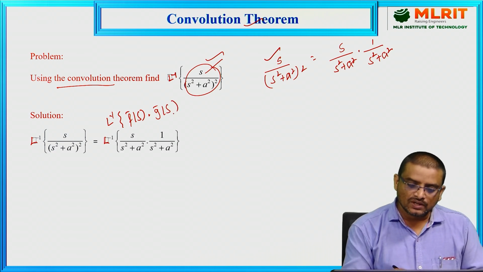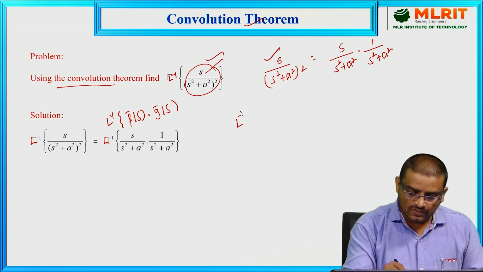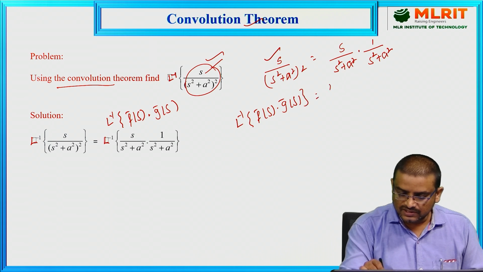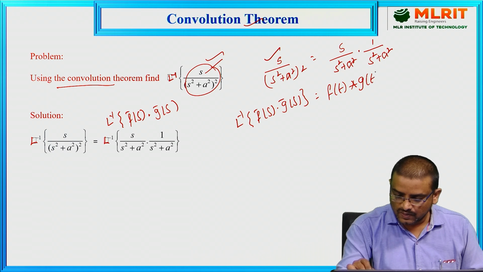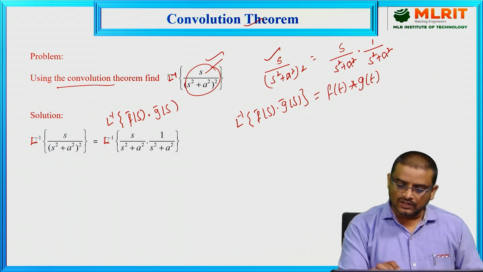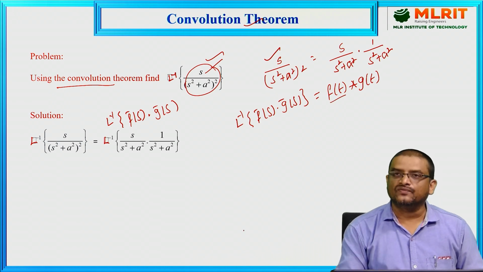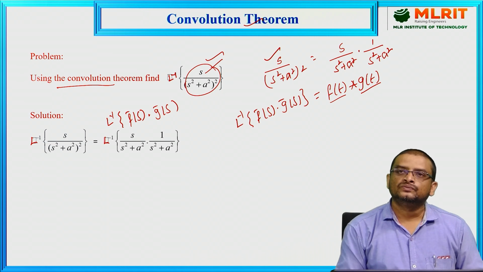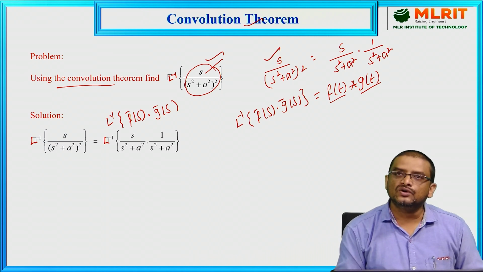So what does our convolution theorem state? Whenever we want to find L inverse of f bar of s into g bar of s, this can be written as f of t star g of t. So now by using this statement, our task is first to find f of t and then g of t. How can you find f of t and g of t here?